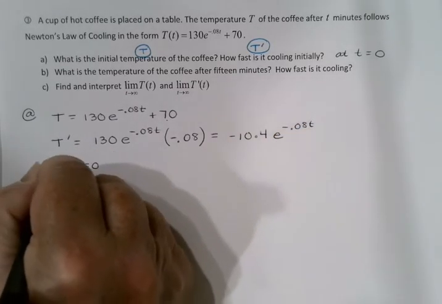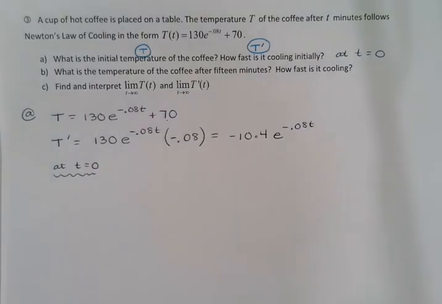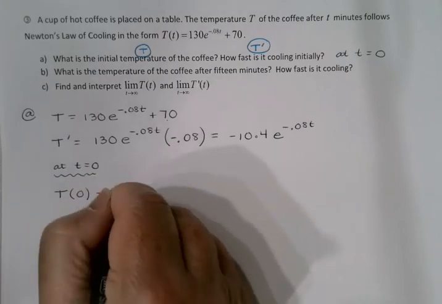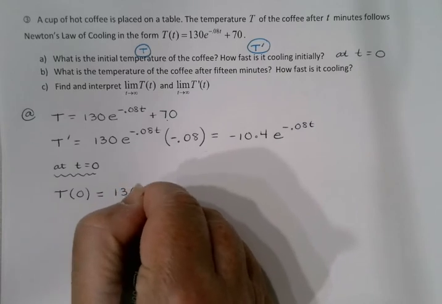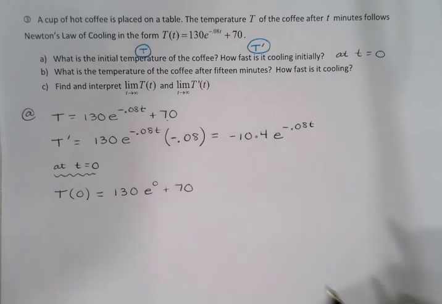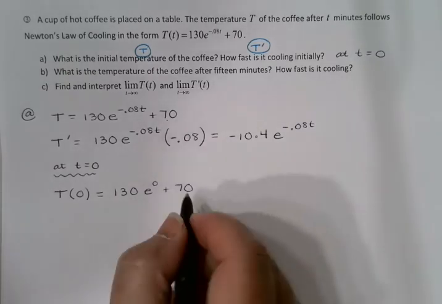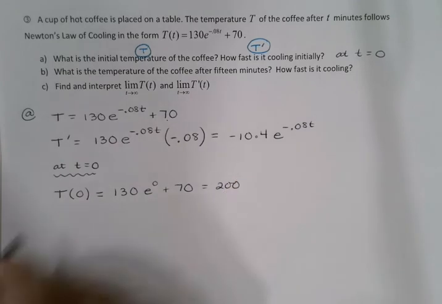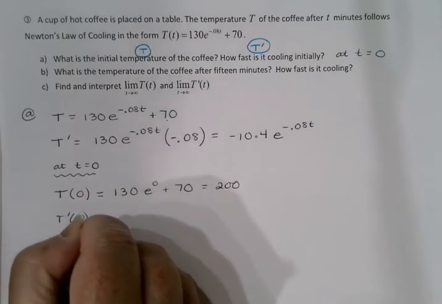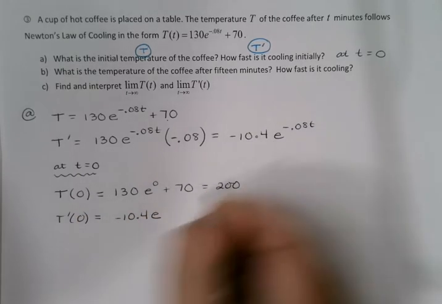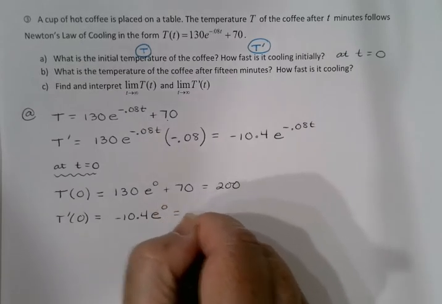So initially, that is at time little t equals 0, I'm just going to plug in t equals 0 into both of these equations. The temperature at time 0 would be 130 e to the 0 plus 70. Of course, e to the 0 is 1, so that's 200. And T prime of 0 would be negative 10.4 e to the 0, which is negative 10.4.